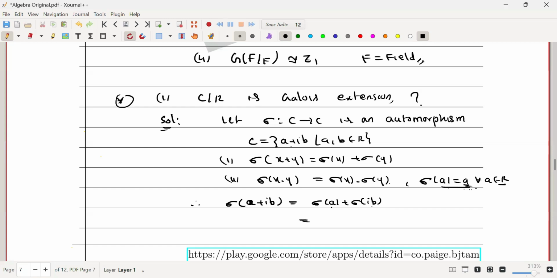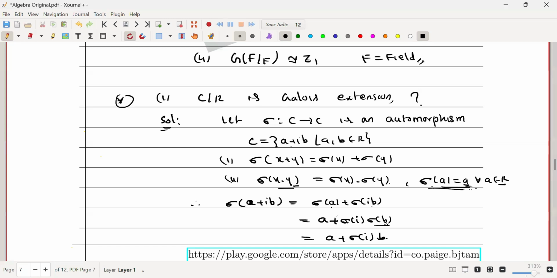So sigma of A is equal to A by the definition, plus sigma of I into sigma of B by the second condition. Here I is the complex number, so we need to find the image of I, and sigma of B, where B belongs to R. So B belongs to R, therefore by this condition sigma of B is equal to B.